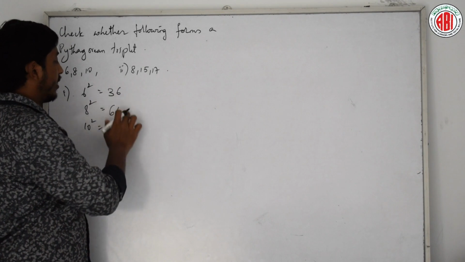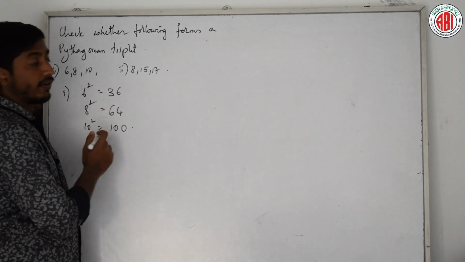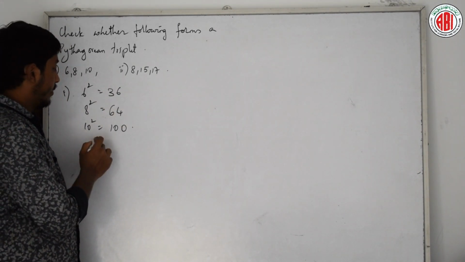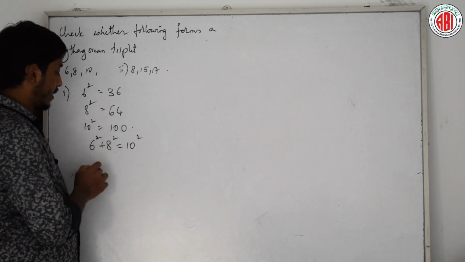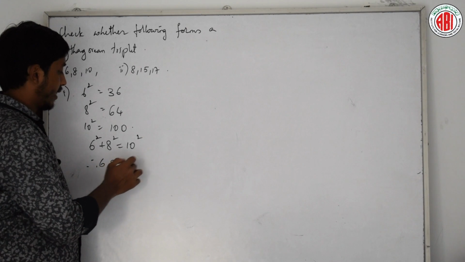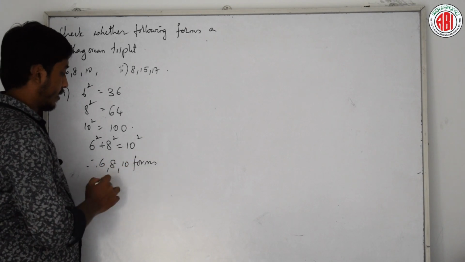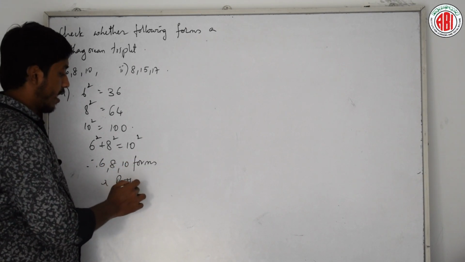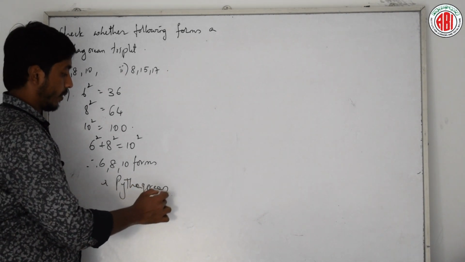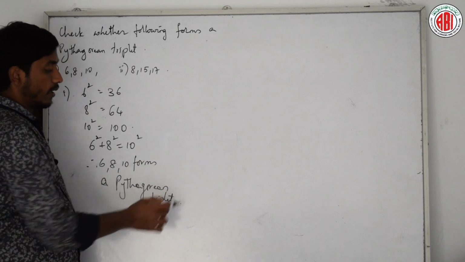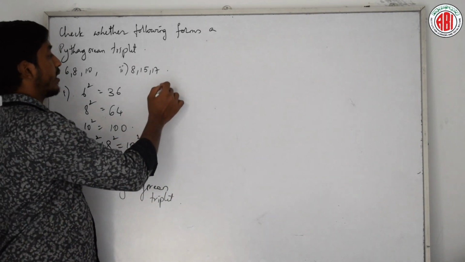If you observe here, if I add these both, I will get this. That is, 6 square plus 8 square is equal to 10 square. Therefore, 6, 8, 10 forms a Pythagorean triplet. Okay. Is it clear?